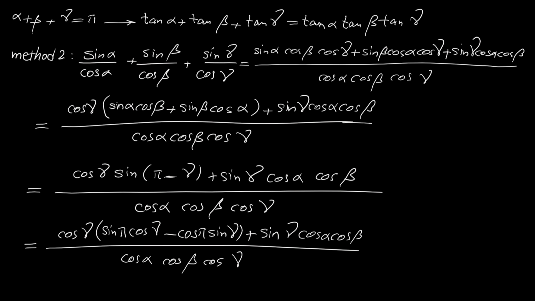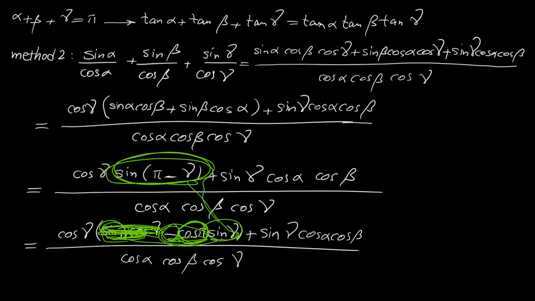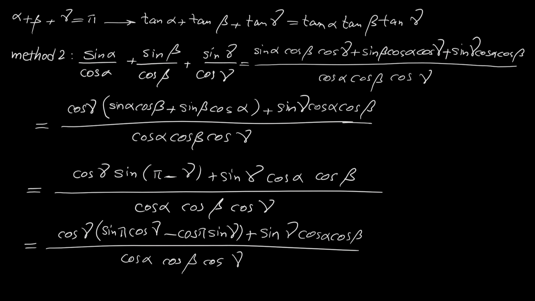Here, now if you pay attention, sine of pi is 0. So this term is 0 because sine of pi is 0. Cosine of pi is negative 1, times negative would be 1. 1 times sine gamma is sine of gamma. So sine of pi minus gamma is sine of gamma. Let me explain this again.